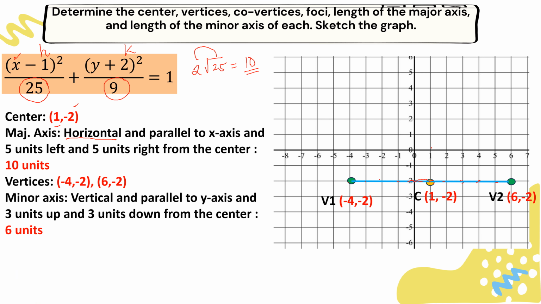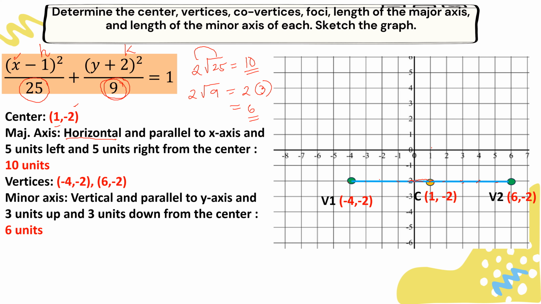Now we have the minor axis length. To get it, our smaller denominator is 9, and 2 times the square root of 9 is 2 times 3, so 6 units overall length.